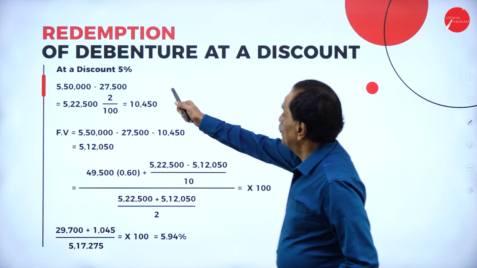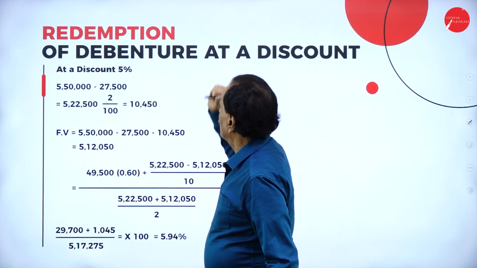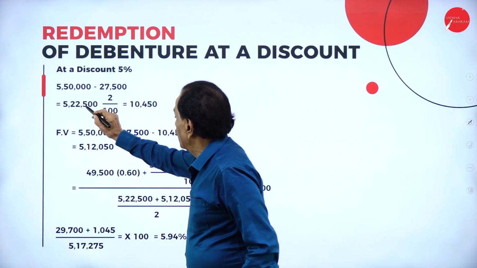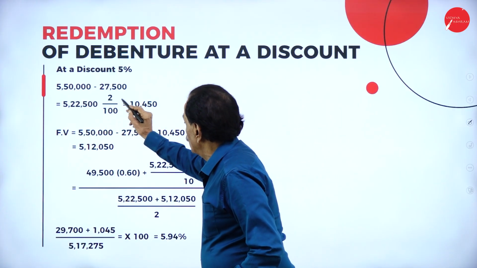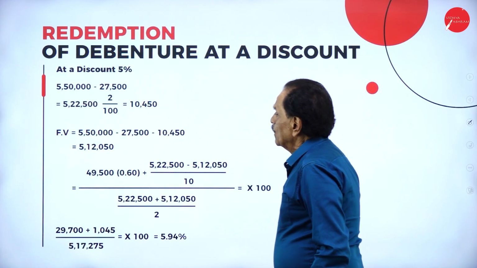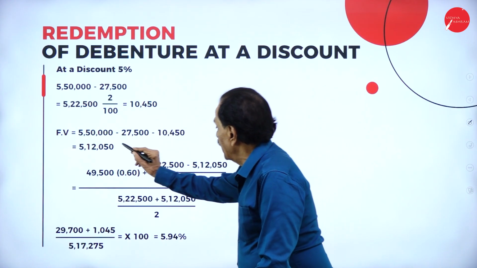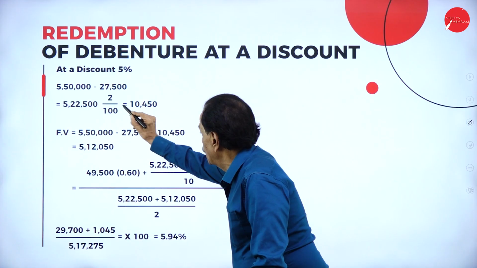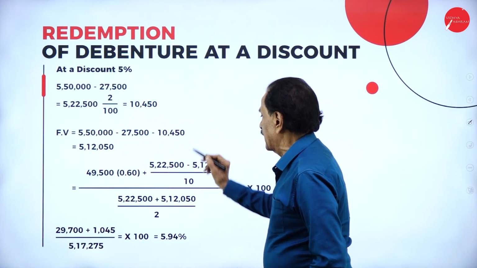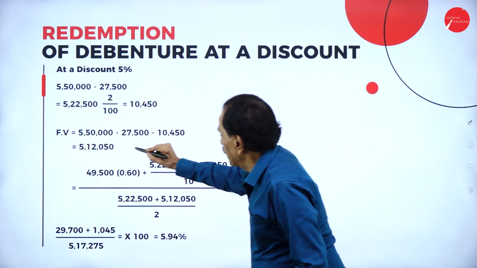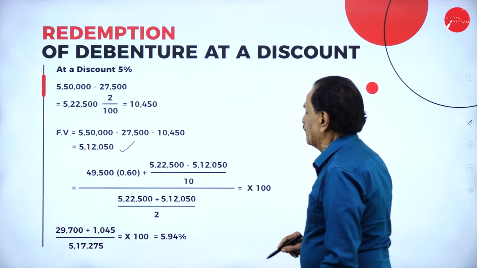Now, redemption at a discount of 5%. 5 lakh 50 minus 27,500 is 5 lakh 22,500. 2 by 100 expenses is 10,450. On 5 lakh 50, this is your issue expenses. 5 lakh 50 face value, minus 27,500, minus 10,450, works out 5 lakh 12,050.